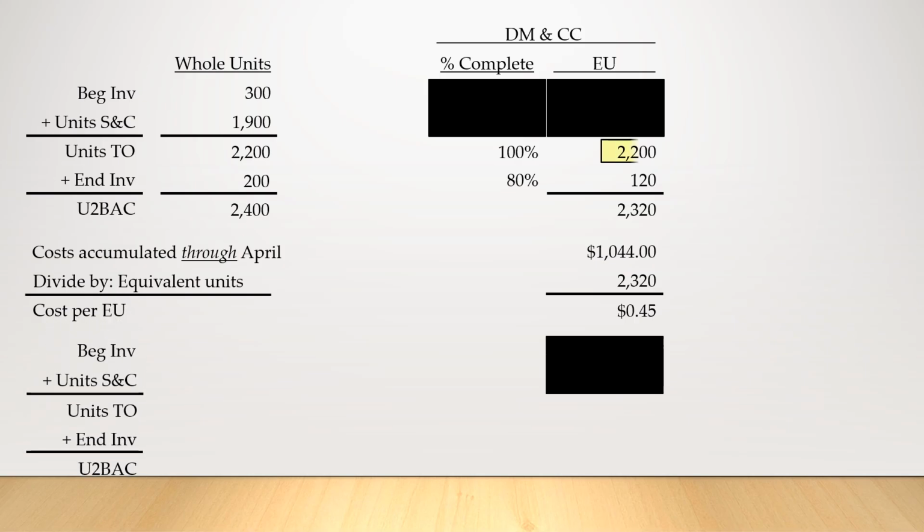Multiply your units transferred out by the cost per EU to get its dollar value, $990. Do the same thing for ending inventory to get its dollar value, $54. Total cost assigned equals $1,044. Remember that this number should match your total costs accumulated.